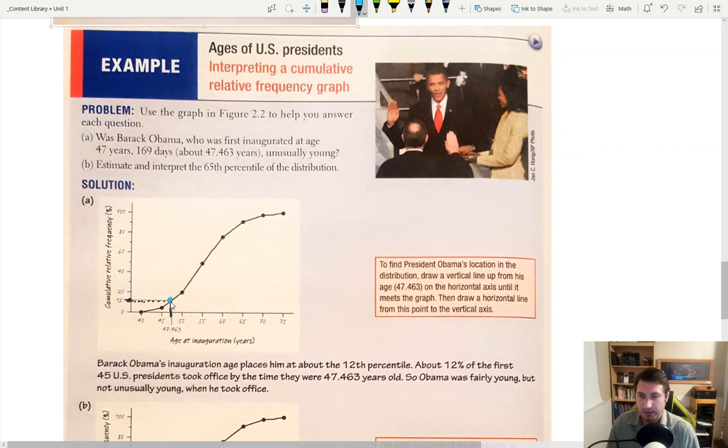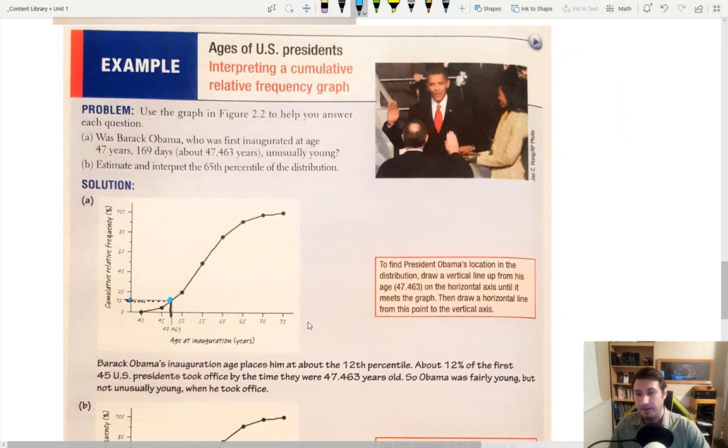We find where that intersects the graph, and then we come over to the side and find the y value, which is about 12, a percentile, a cumulative relative frequency. That means Barack Obama's age for inauguration put him at the 12th percentile. So about 12% of the first 45 US presidents took office by the time they were 47 years old. Is that super rare or unusually young? He was young, but not super unusual because 12% were younger when they took office.